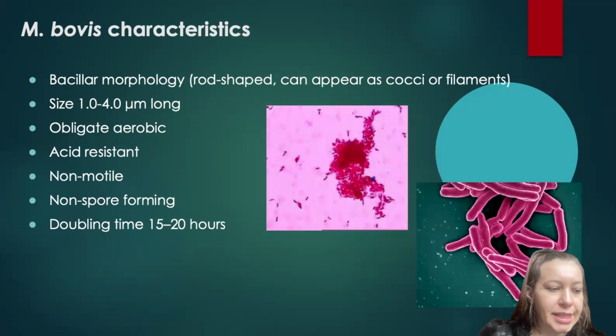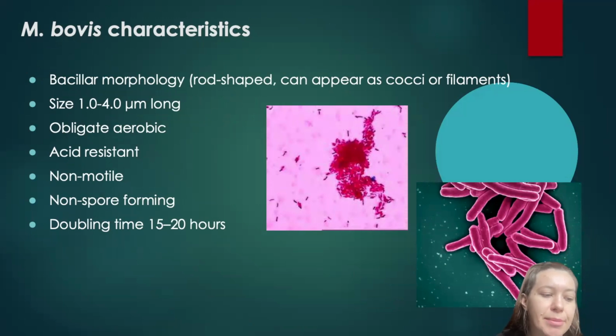Mycobacterium bovis has a bacillar morphology. These microorganisms are rod-shaped, and can also appear as cocci or filaments. Their size is 1 to 4 micrometers long and 0.2 to 0.3 micrometers in diameter.